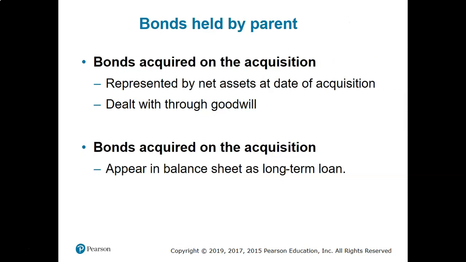In the case of bonds acquired on the date of acquisition, it is the same thing: they are represented in the assets at the acquisition date and dealt with as before with goodwill. The amount of bonds acquired appears in the statement of financial position as a long-term loan.